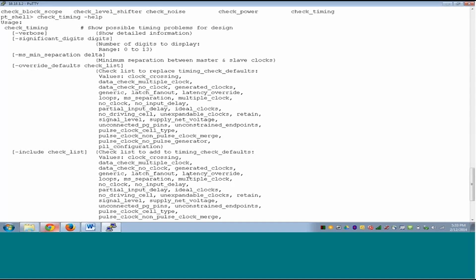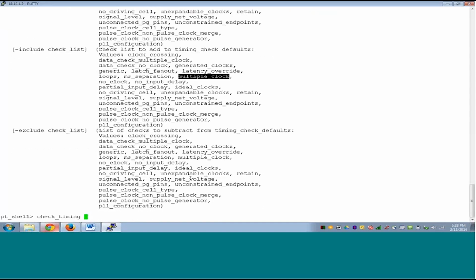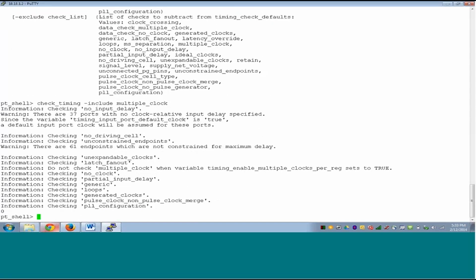By default it doesn't check, so let's try and include this. Include multiple clocks, so it will check. It's telling me that timing enable multiple clocks per register is set to true. If you set this variable to false, then PrimeTime will give warnings when registers have multiple clocks. But right now it's set to true.